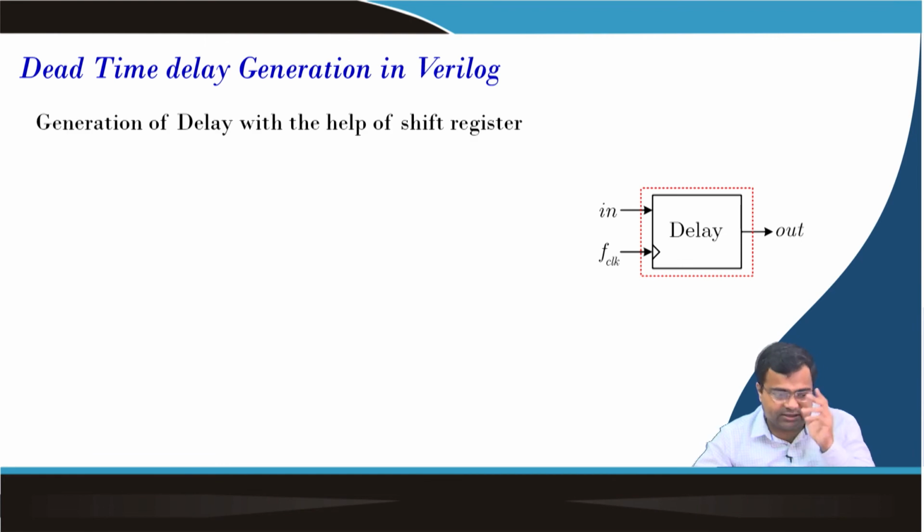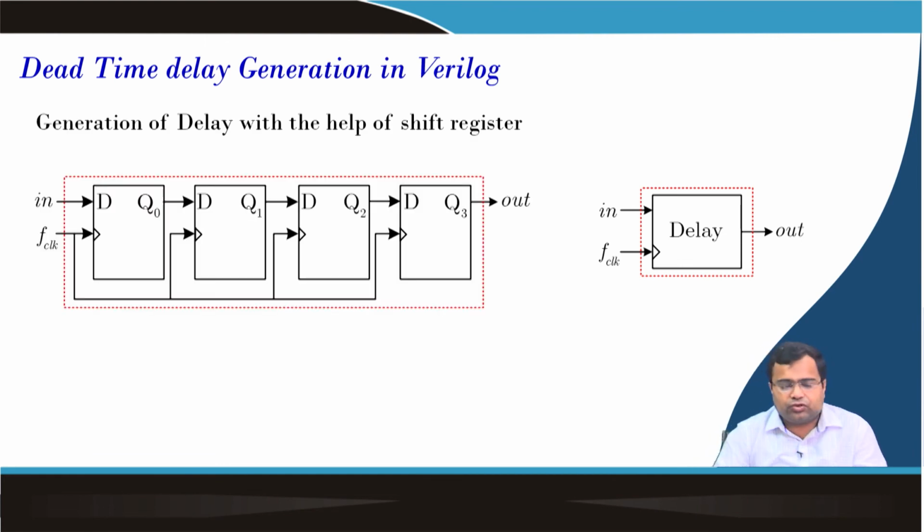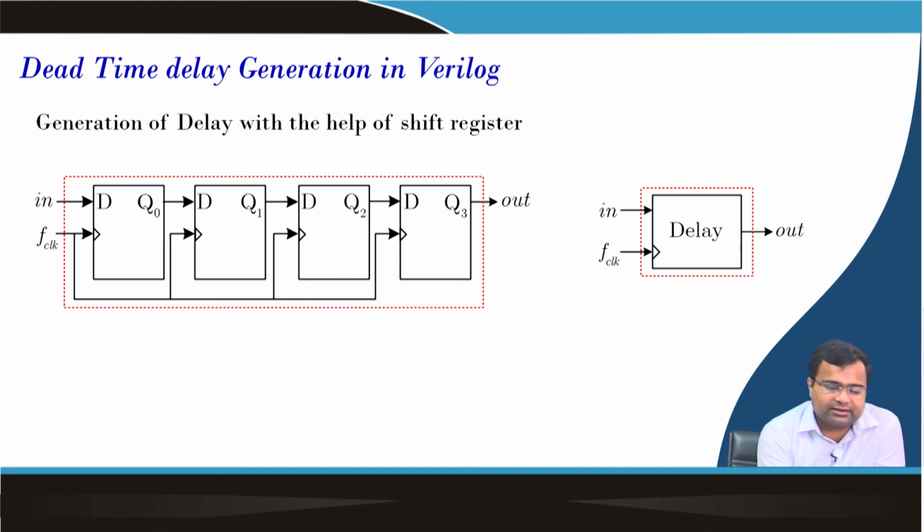If you write this Verilog code for delay generation, the delay has to use a shift register. That means there is a clock. Whenever the clock edge comes, this signal is propagated to this side, and whatever was there propagates this way.